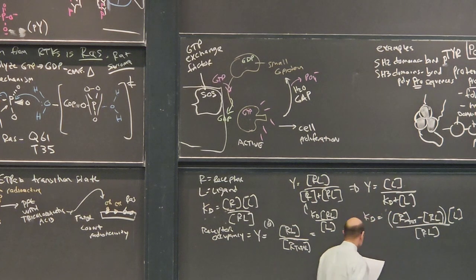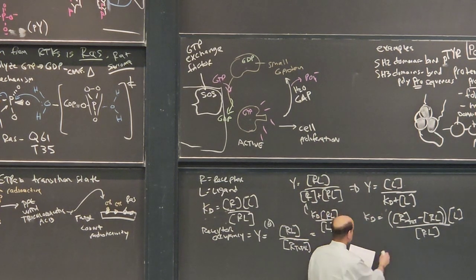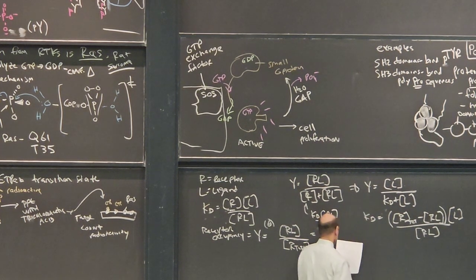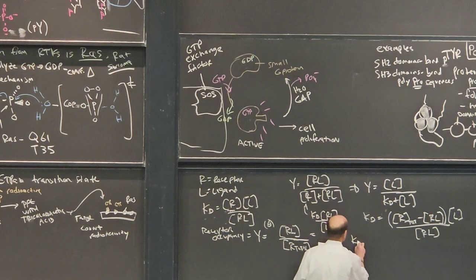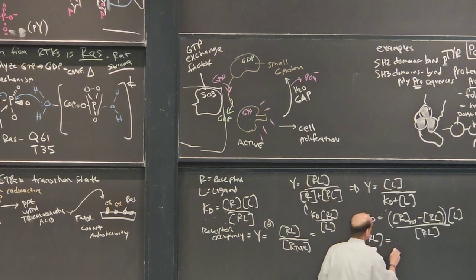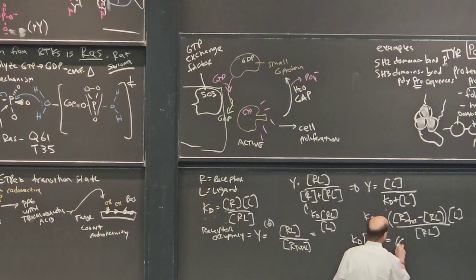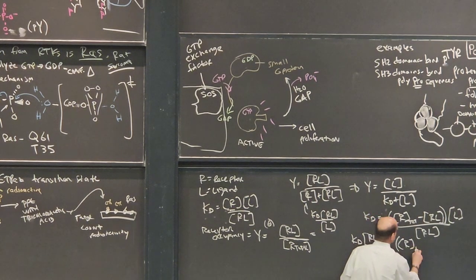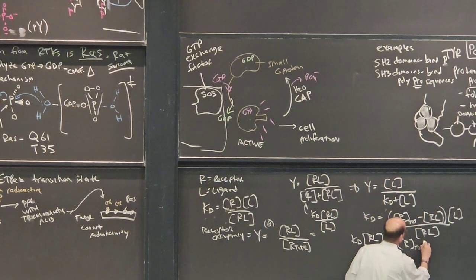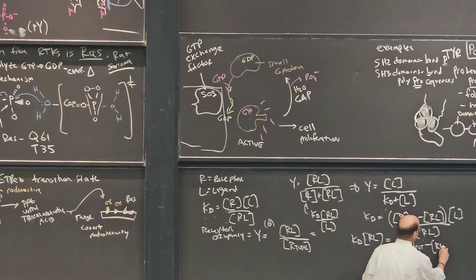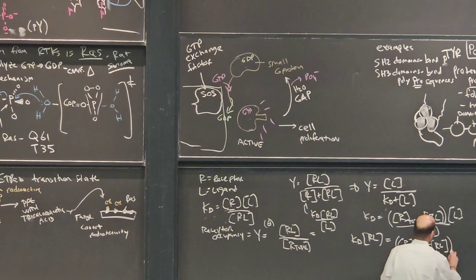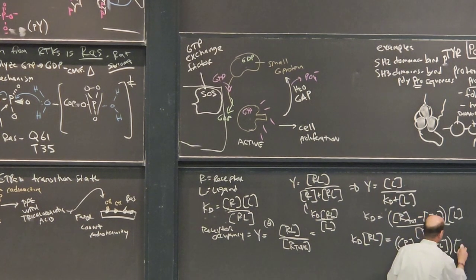I'm going to multiply by RL on both sides to clear this, and now I'm going to have KD times the concentration of RL is equal to this top part: the concentration of receptor total minus the concentration of RL, times the concentration of ligand.